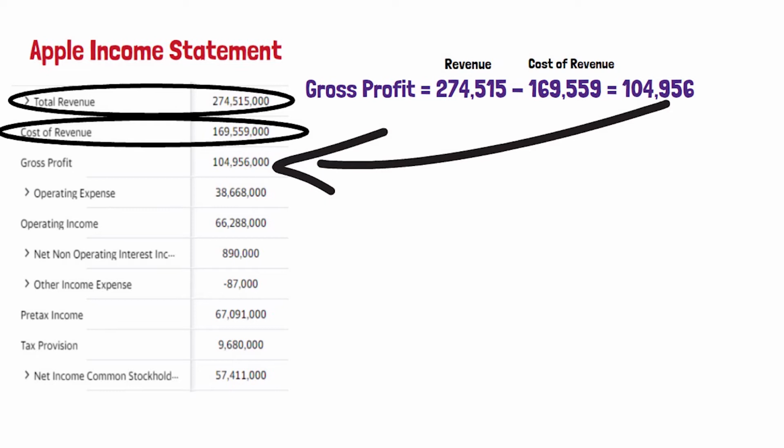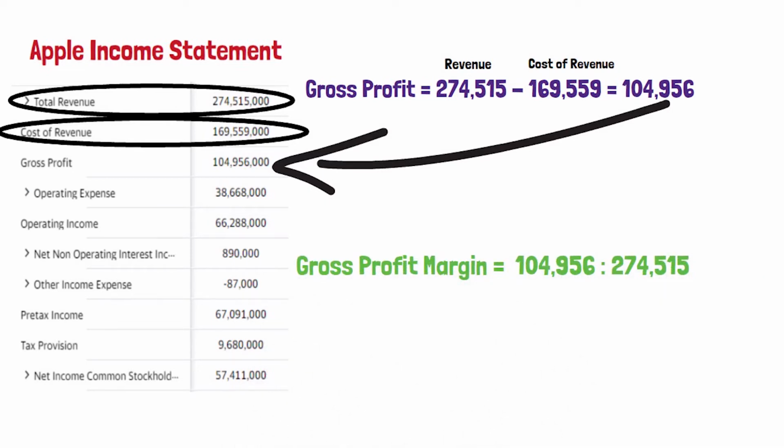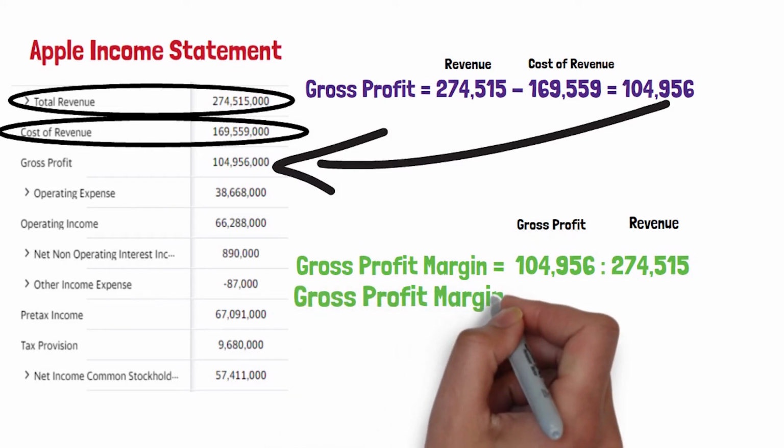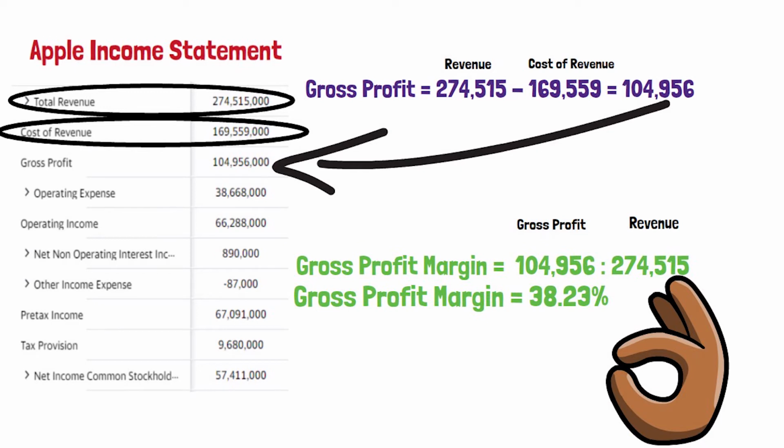The figure here is in thousands, which is why we say billions and not millions. In order to calculate the gross profit margin, we divide the gross profit by the revenue, which equals a little bit more than 38%, which is an extremely high margin for a company with the size of Apple. To find out the figure in percentages, we need to multiply the number by 100.